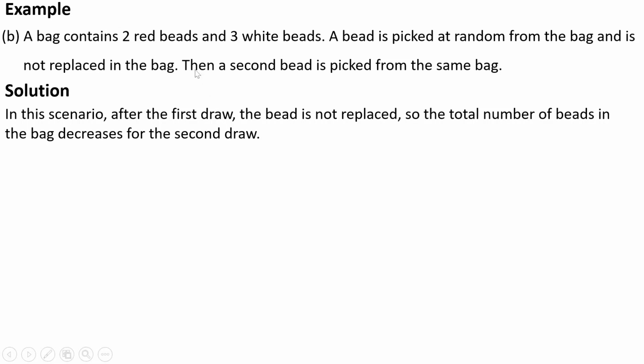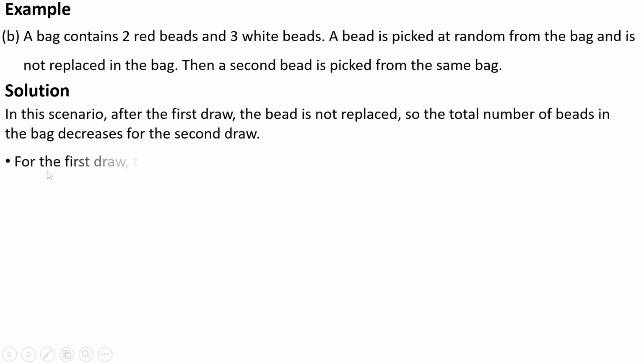Now when you do the second pick, you expect that the probability would have changed, because the total number of beads, for either white or red, would have decreased. And also the total number of beads altogether would have decreased, because the first bead which was picked wasn't replaced.